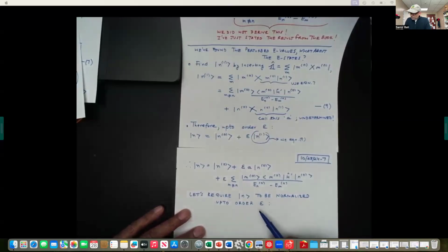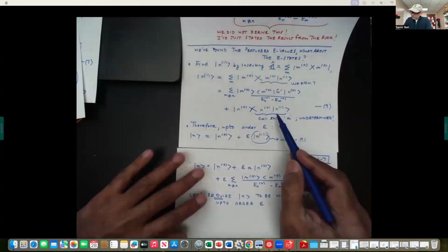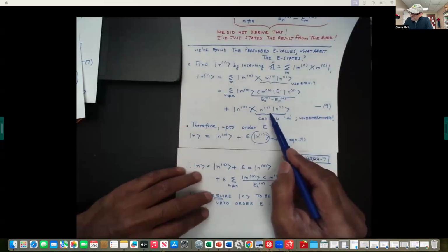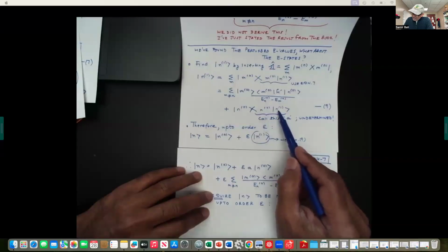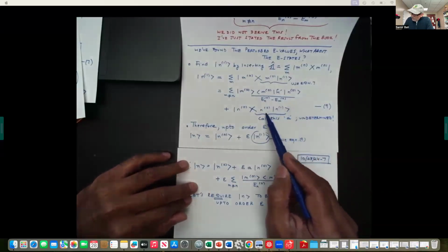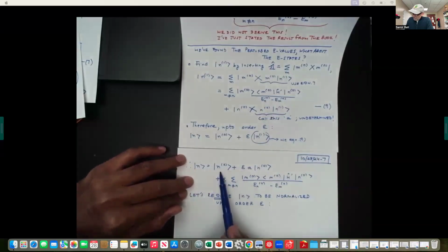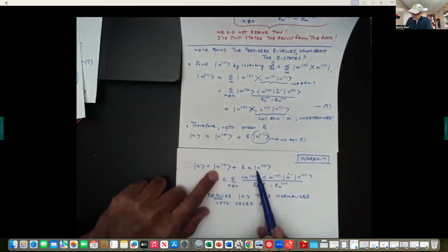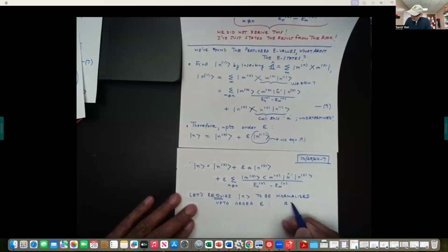If you require that, then this little part, this A, which is the overlap between the unperturbed nth state and the perturbed part, should be 0. Otherwise it will mess up your normalization, since you've added some more n0 to the original n0. So the requirement that this is normalized up to order epsilon means that A is 0.